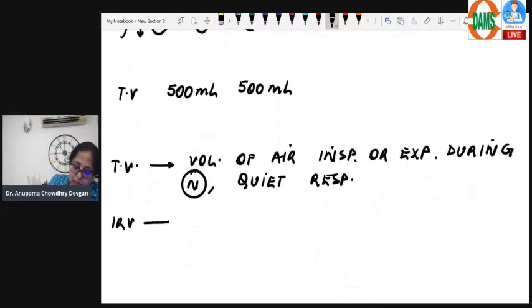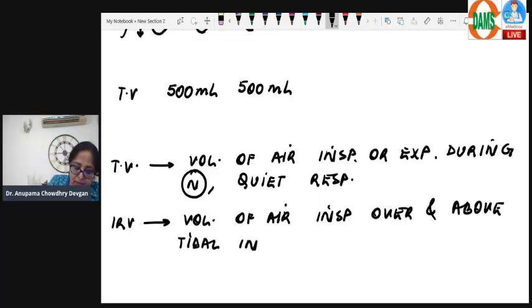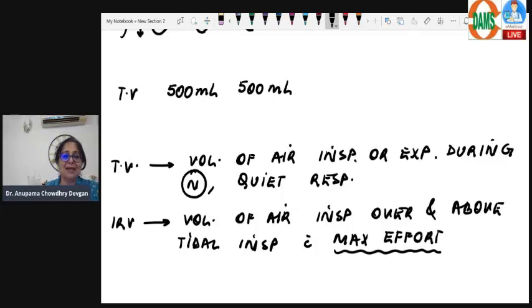Inspiratory reserve volume, this is the volume of air inspired over and above a tidal inspiration with maximum effort.